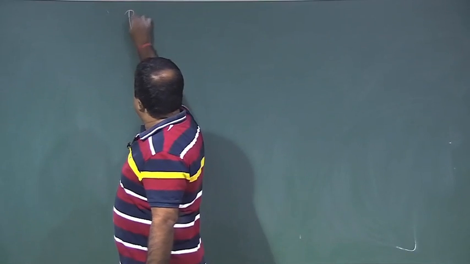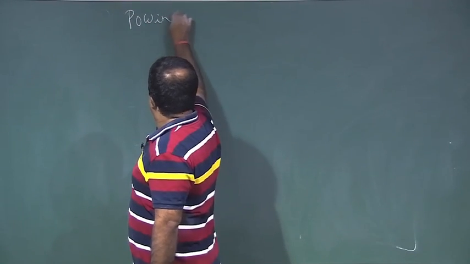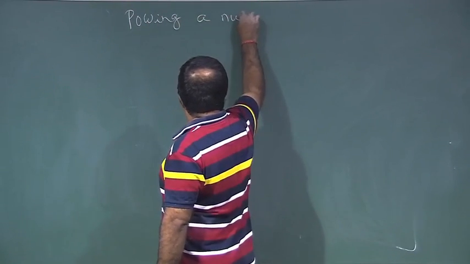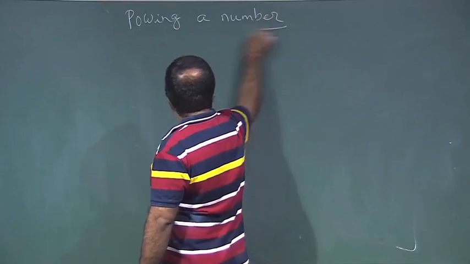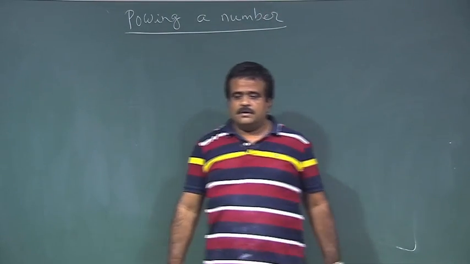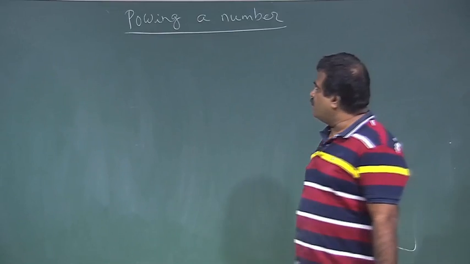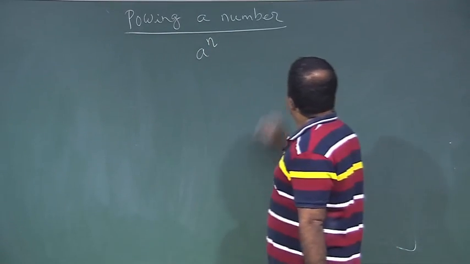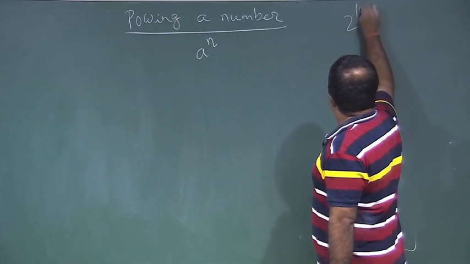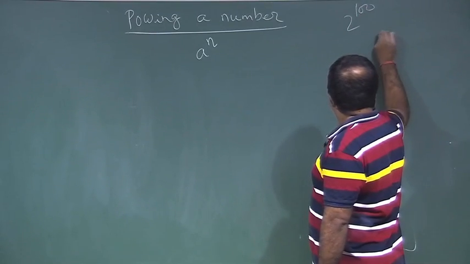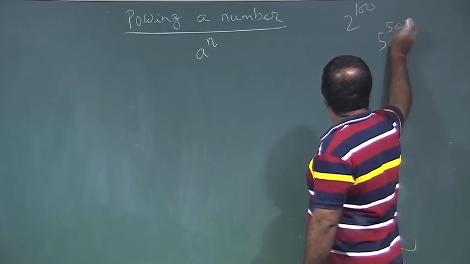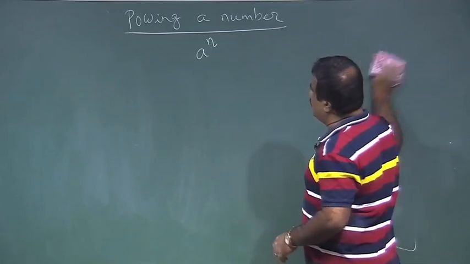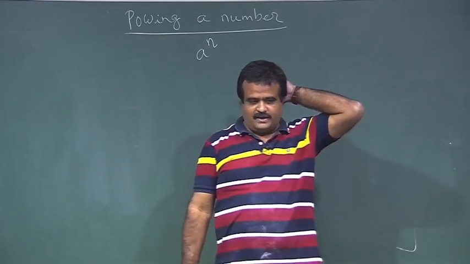So, this is the second problem, powering a number. Basically we want to find a to the power n, for example 2 to the power 100, or say 5 to the power 50, something like that, where a and n are both integers.